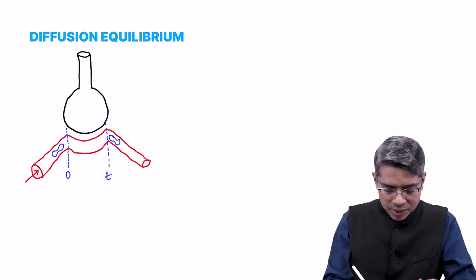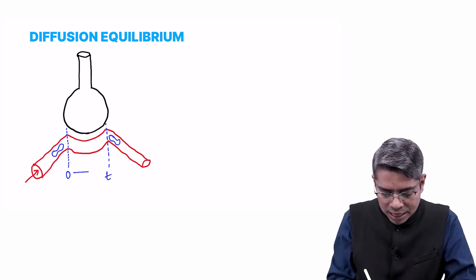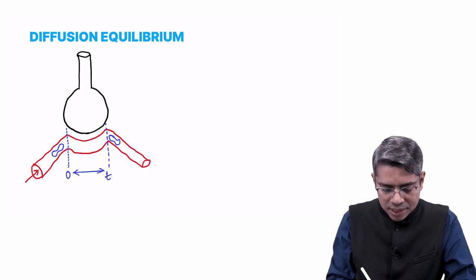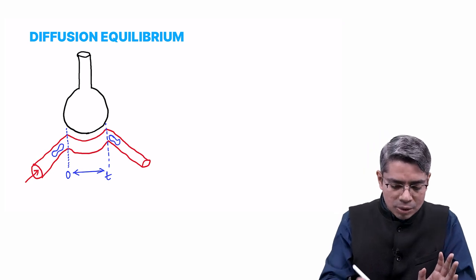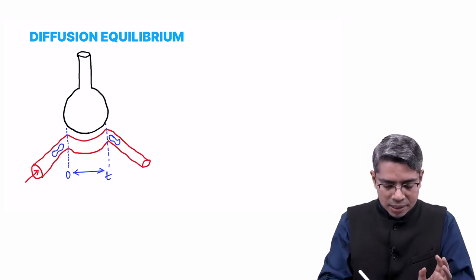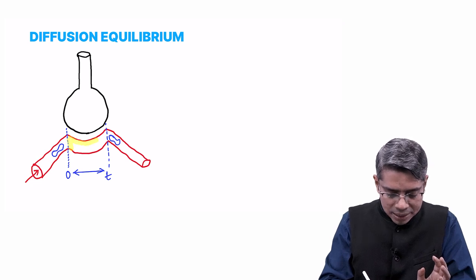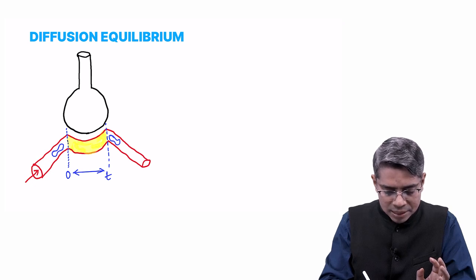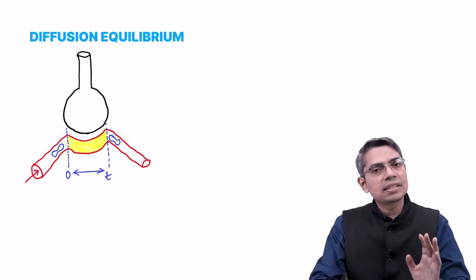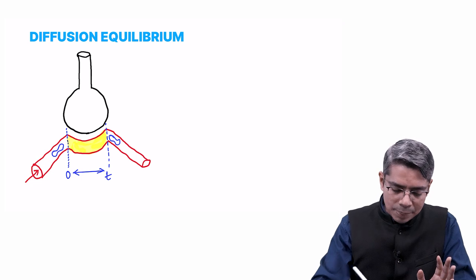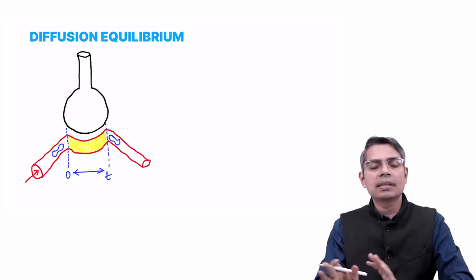Suppose this is T. So what is the time gap between 0 and T? This we want to understand. Getting my point? We are going to understand how much time the RBC is spending in this zone. In this zone means which zone? The zone where the capillary is in contact with the alveoli, because that is the time where the gas exchange is going to happen. Because if this capillary is not in contact with the alveoli, then gas exchange is not going to happen.